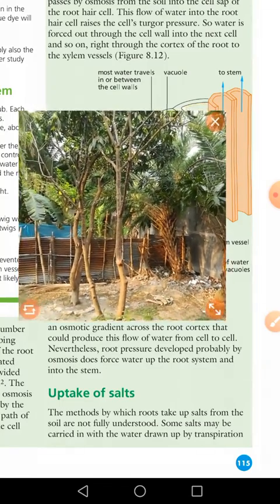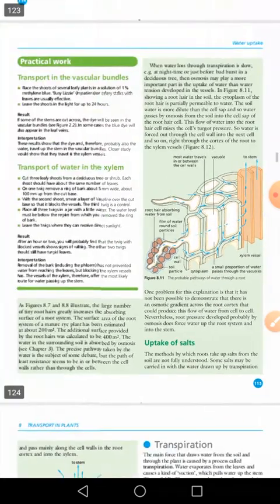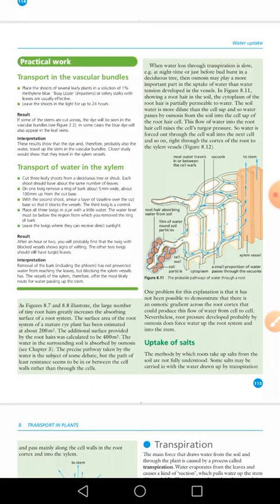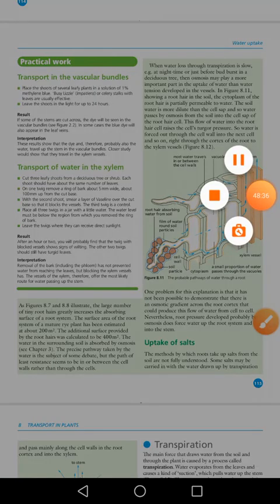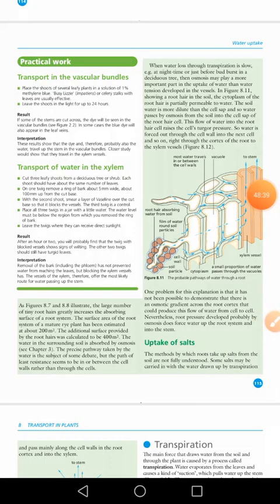Before going into it, we must be able to determine something. We have to understand it practically.